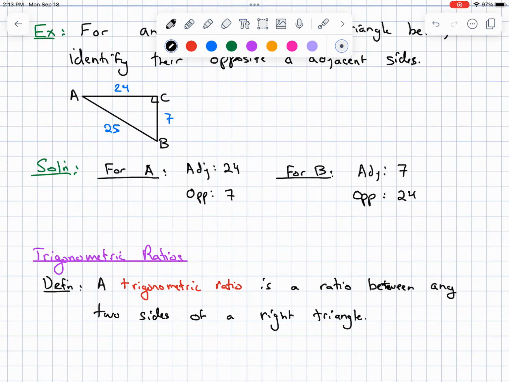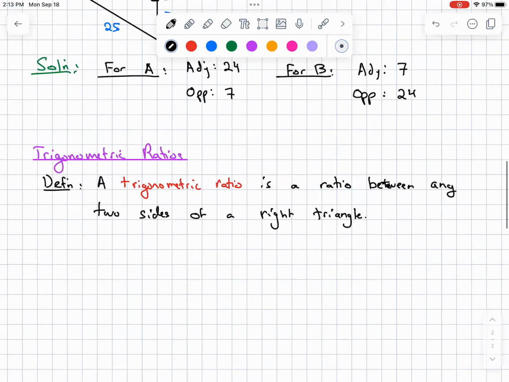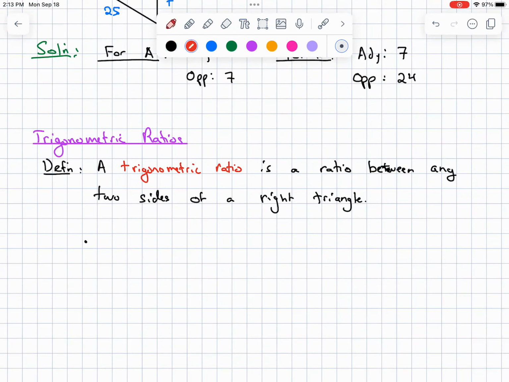The first one, so we're going to be studying 3 of them in this course. There are technically 6, and I'll mention them briefly, but the 3 that we're going to be interested in is the sine of angle A or B, depending on the situation. We write it sin(A), and that's going to be the opposite over the hypotenuse.